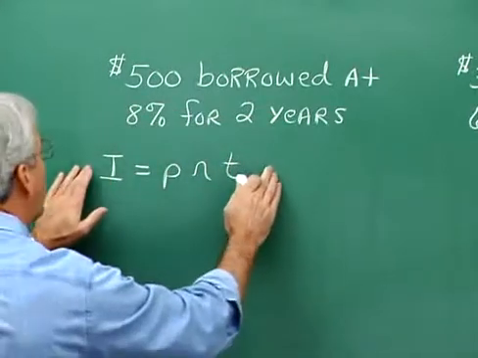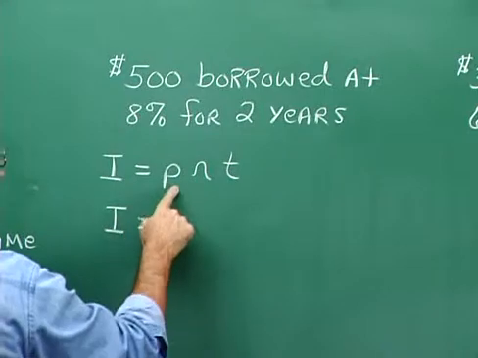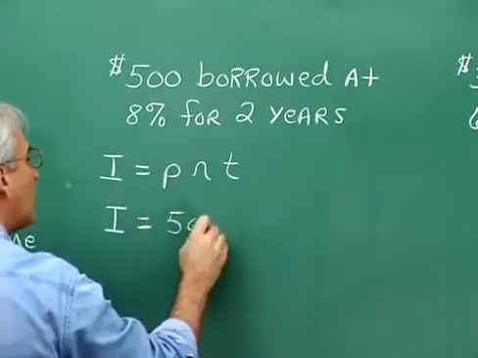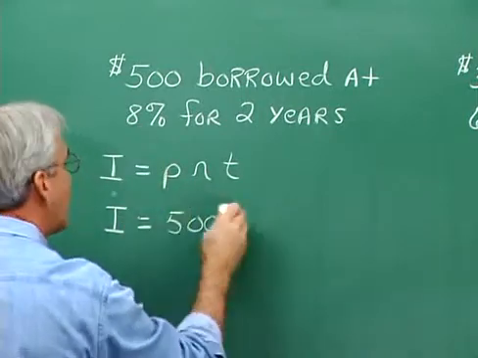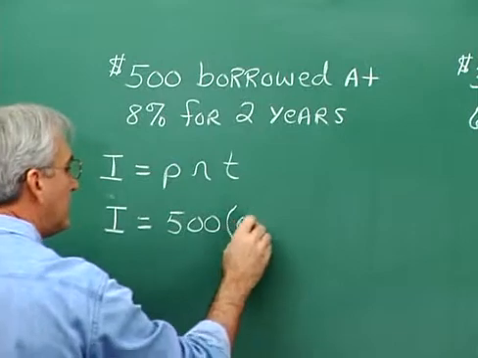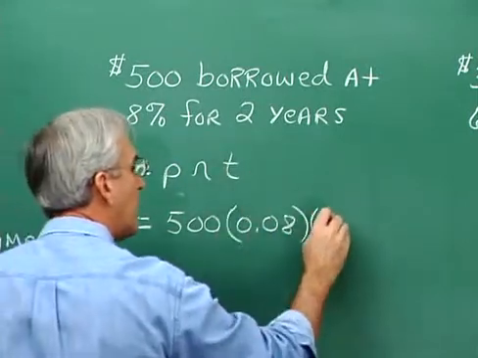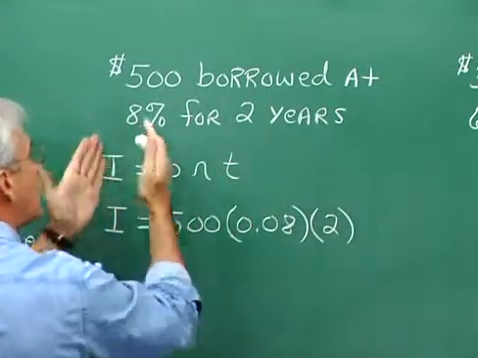All right, so we write the formula. Now we replace letters with numbers. We're trying to find the interest. P stands for principal, the amount of money borrowed. That's the $500 from above. R is the interest rate, and that's in the form of a percent. It's 8%, and I'll write it as a decimal. And the time is 2 years. Now, we're assuming this agreement between interest rate and time.